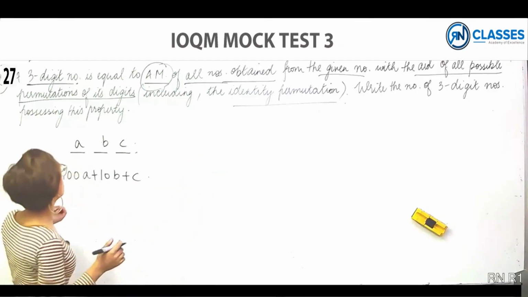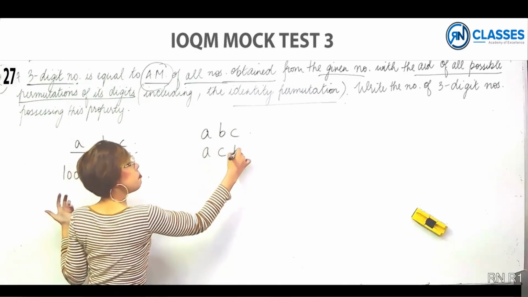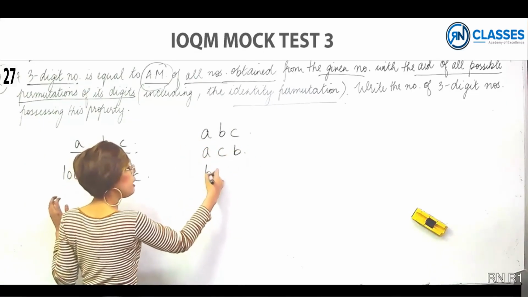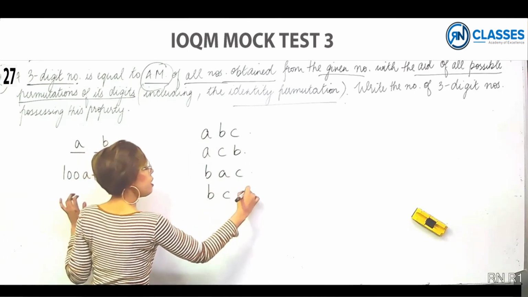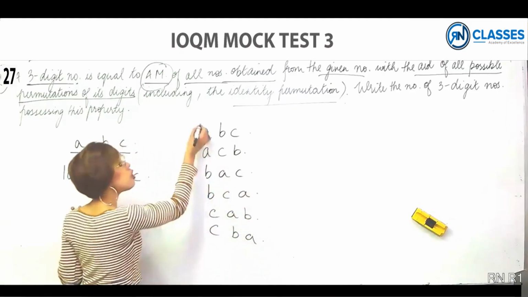What are the permutations possible? First is obviously ABC only. Other permutations: ACB. Then, having exhausted A, BAC, then BCA, then CAB, then CBA. I have exhausted all the permutations.